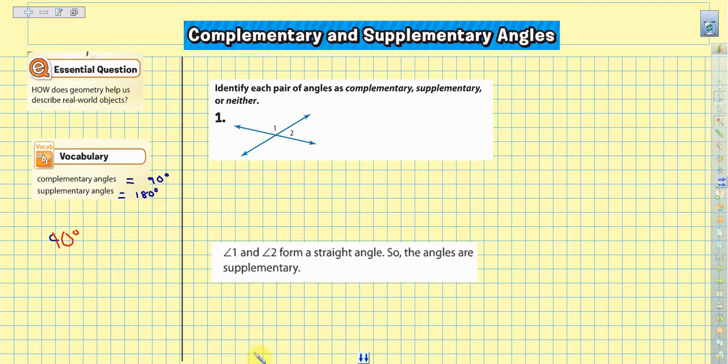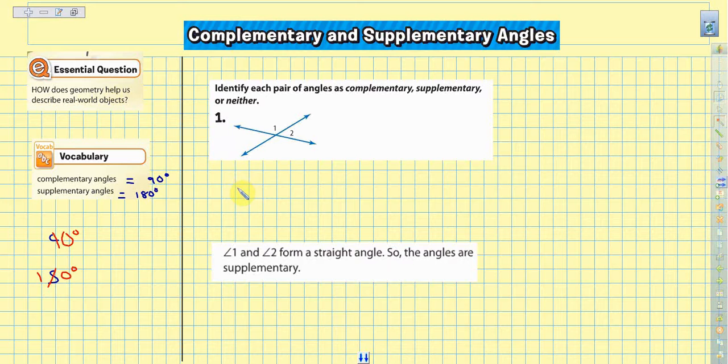And if you have the supplementary, you have the S, and you just draw a line, it kind of makes an 8 for 180 degrees. So that helps you remember, or you just memorize and know that complementary angles are two angles that equal 90, and supplementary angles are two angles added that equal 180.